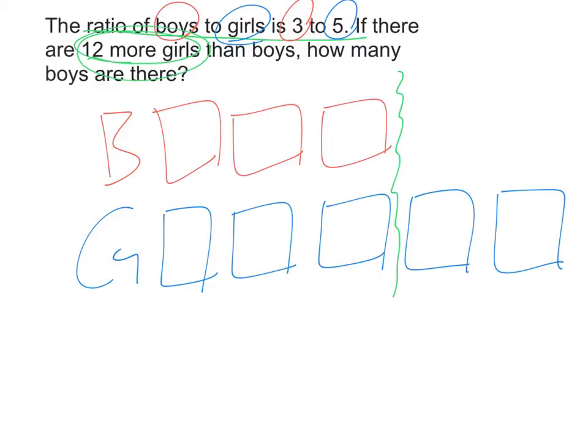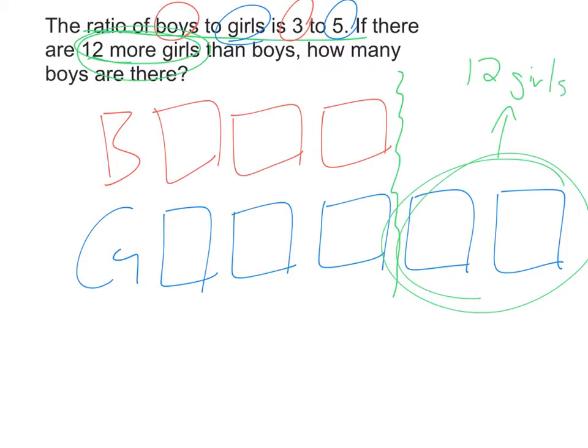So all through here, same number of boys and same number of girls up till this point right here, and then that means that these 2 extra boxes represent the extra 12 girls. So we know that both of these boxes right here are 12 girls. Sorry for my handwriting on this tablet.